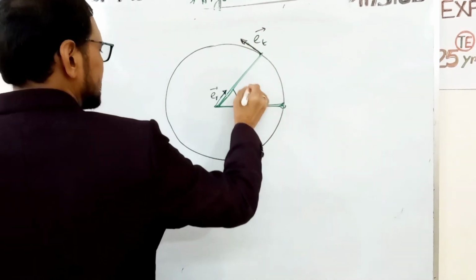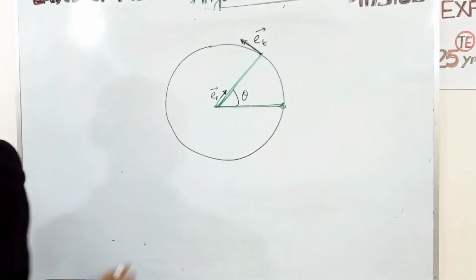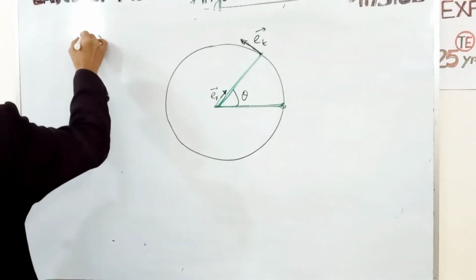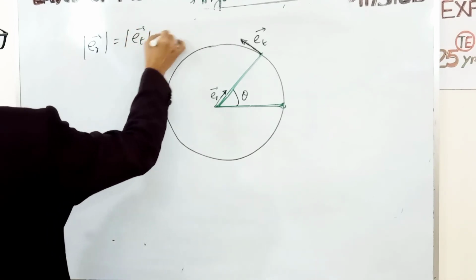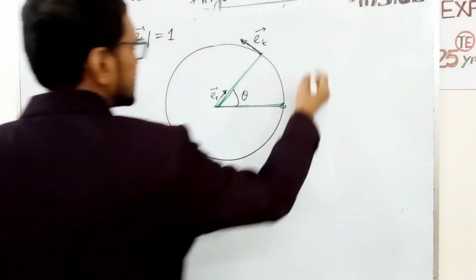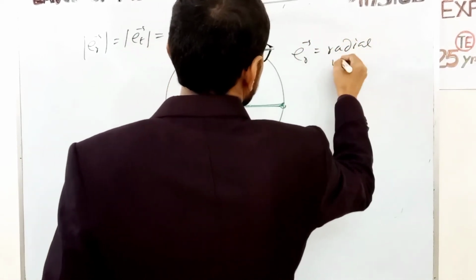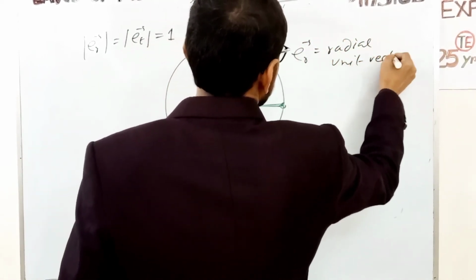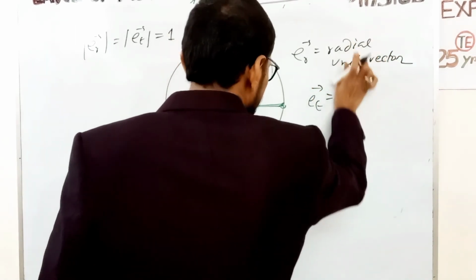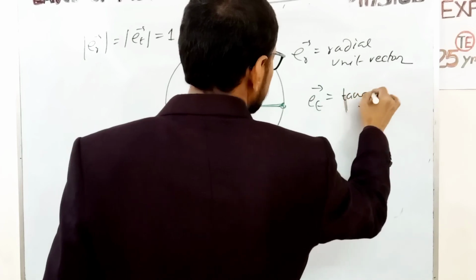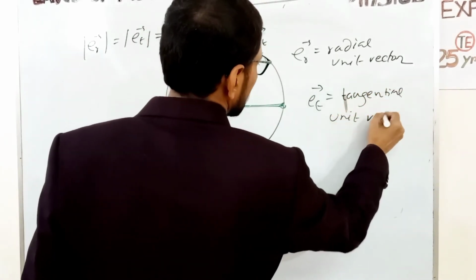This is the angle theta. The magnitude of er equals 1. So er is the radial unit vector, and et is the tangential unit vector.